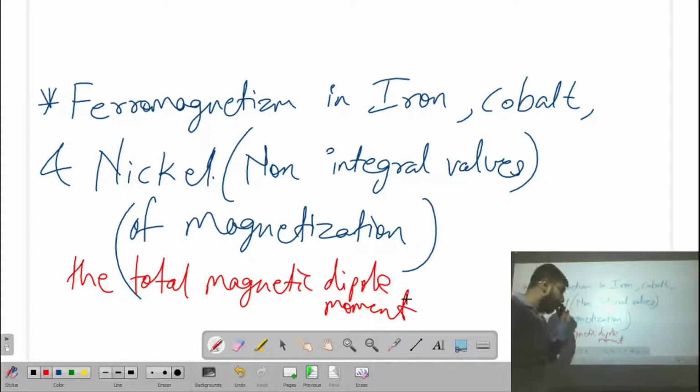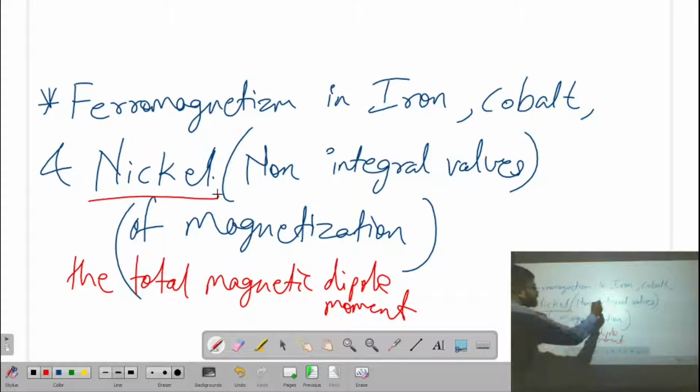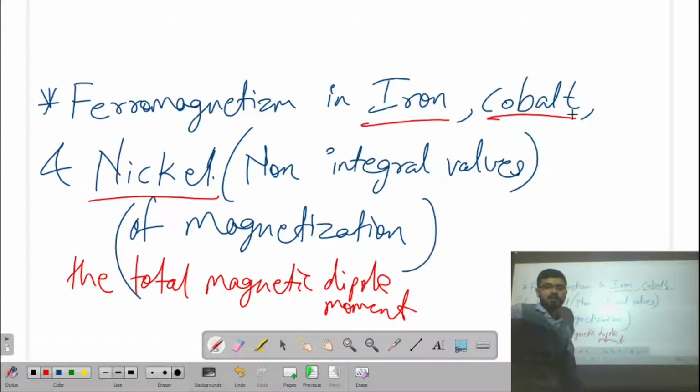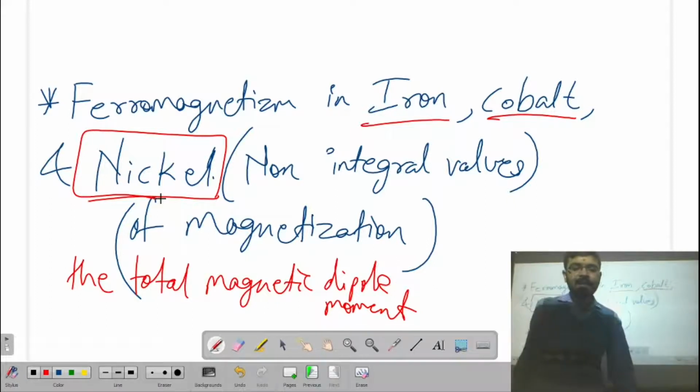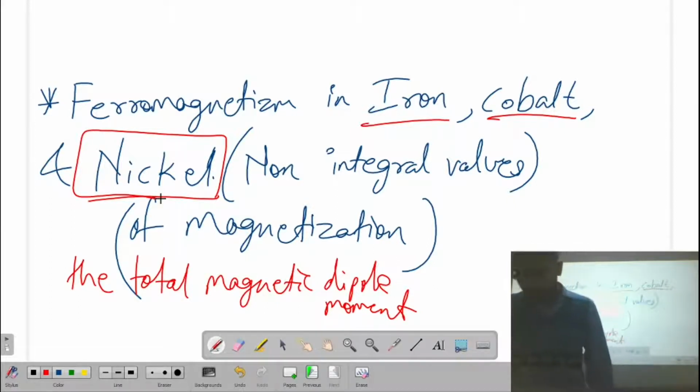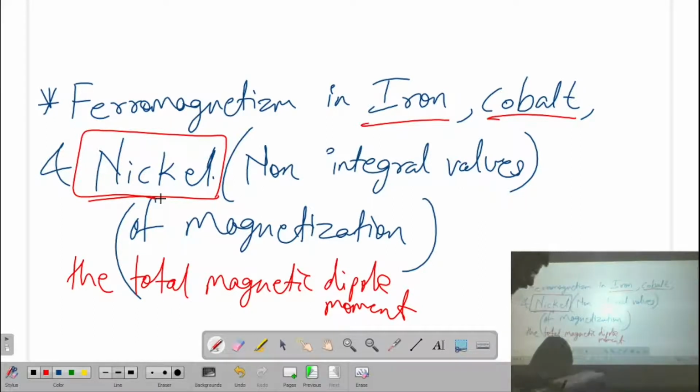Now, we will consider these three cases: iron, cobalt and nickel. First of all, let us take an example of nickel and see how its electronic configuration generates parallel spin.